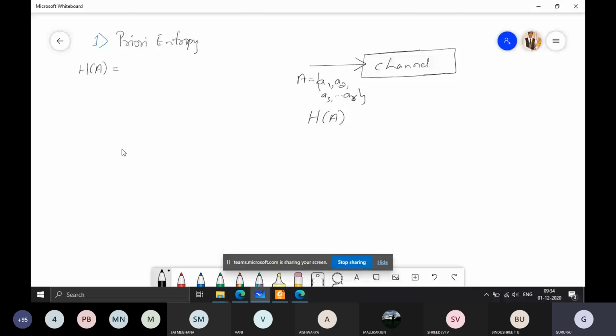Can anyone tell me the formula for entropy that we already studied in module 1?